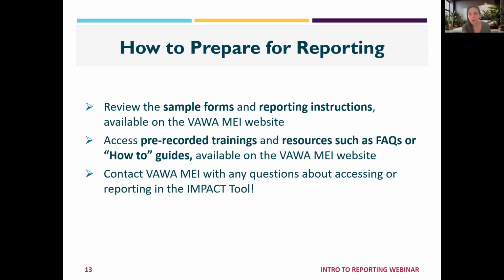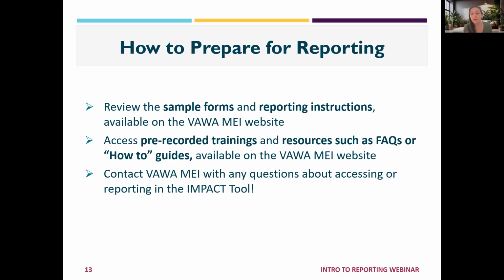If you're trying to prepare for reporting and you're helping prepare your staff or partner agencies, we strongly encourage you to download and share the sample reporting form and the accompanying instructions, which are available for every program from our website, vawamei.org.